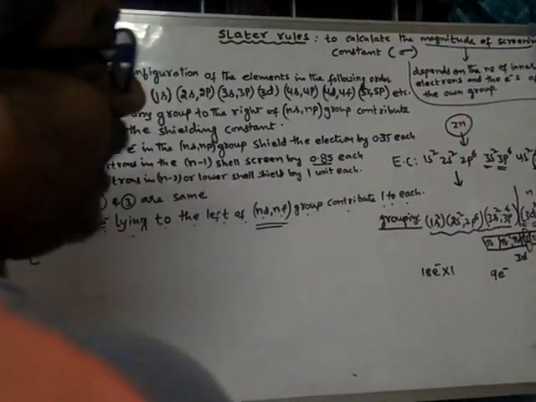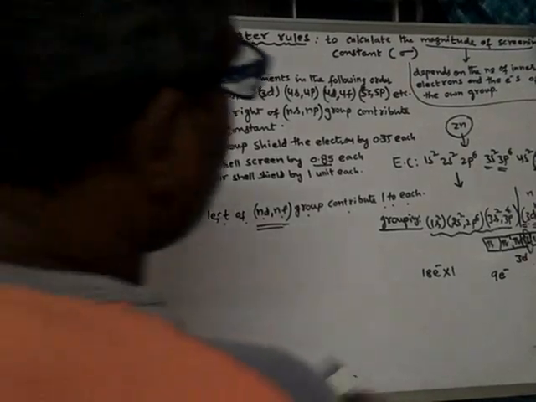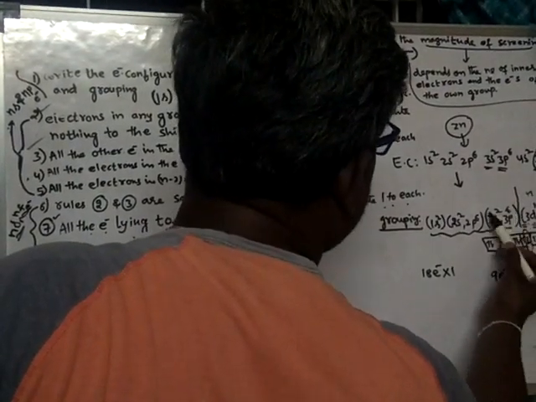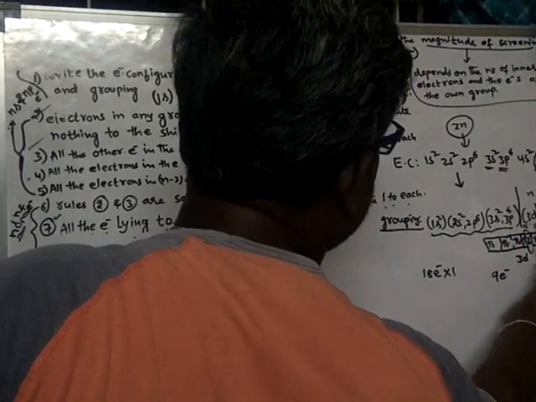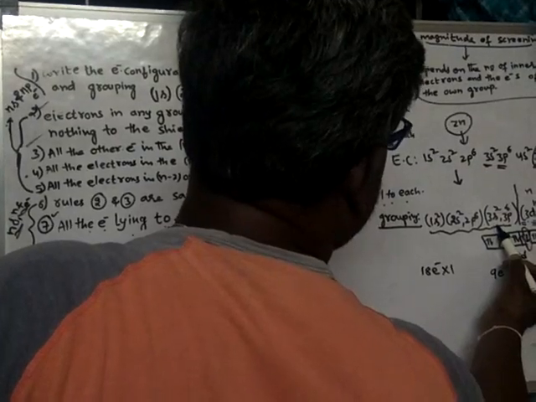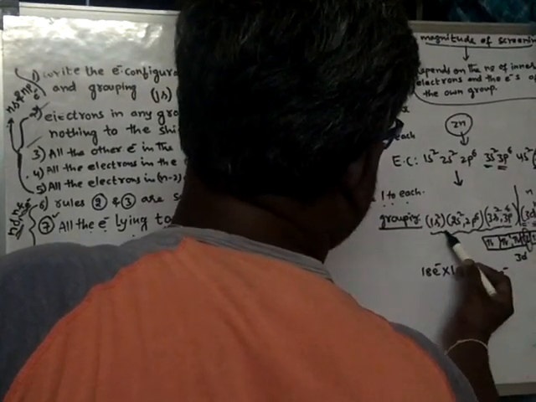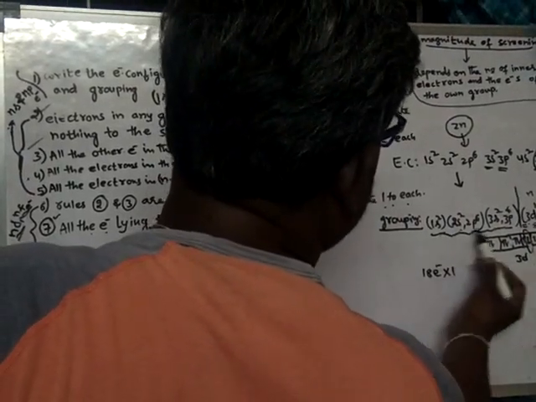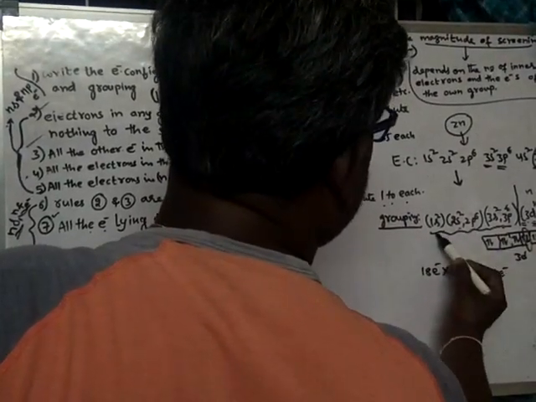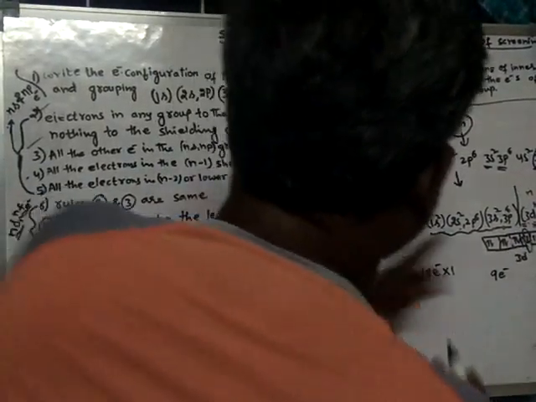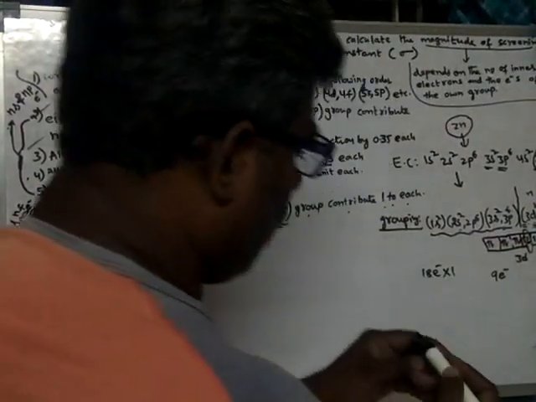For d electrons, though this group belongs to the same orbit, it should not be considered along with the 3d group. So now we include this group with the other groups on the left side, and we see how many electrons are present in all the groups to the left of this particular group.